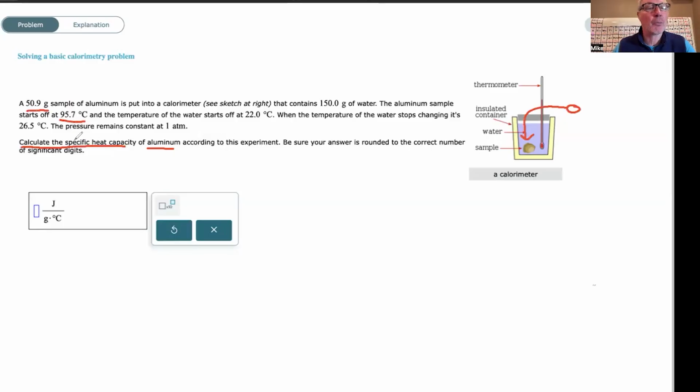And then the water is a little bit above room temperature, and they're going to equilibrate and get to a point where they're at the same temperature. Actually, the initial temperature is 22, so that's about room temperature, and they're both going to end up at 26.5.